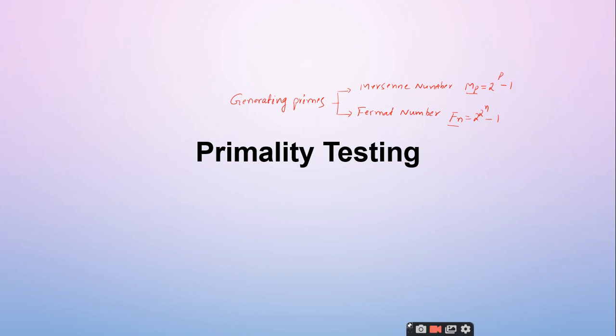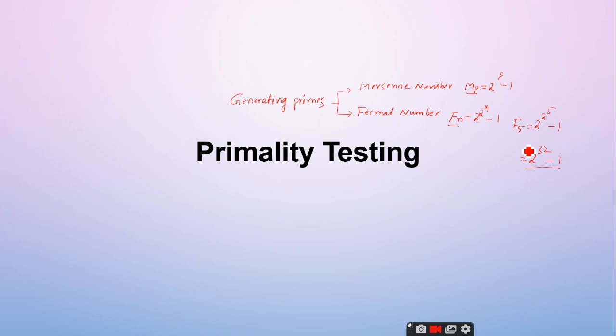Why? Because if you see the Fermat number, F5 is given by 2 power 5 minus 1, that is 2 power 32 minus 1. It's a very large number, forget about this. They thought of it as a prime number, but this turned out to be a composite number. So because of this problem, the Fermat and Mersenne numbers failed to produce large prime numbers, right?